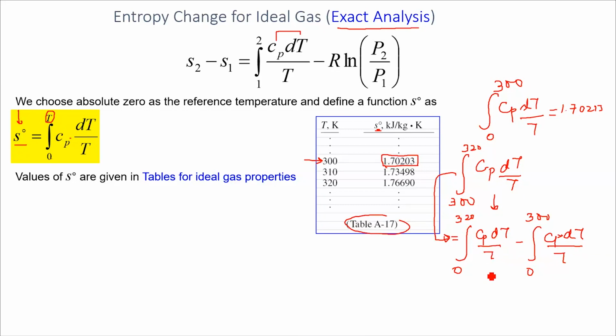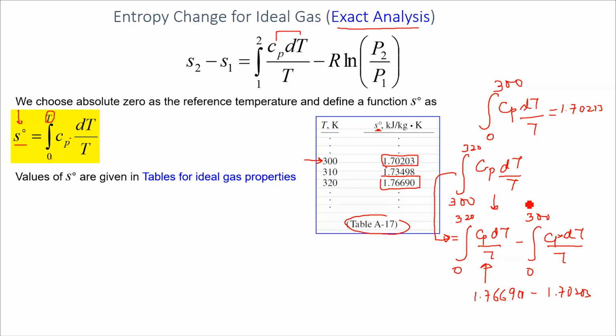So for the first expression, 0 to 320, I can directly take the value from the table, which is 1.76690, minus 1.70203. So I don't have to do the integration myself. It has already been done for me.